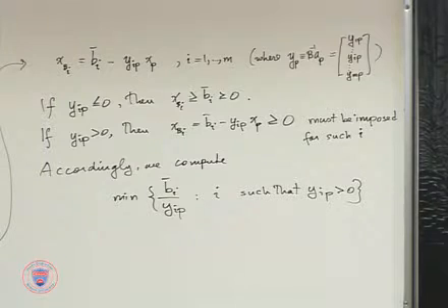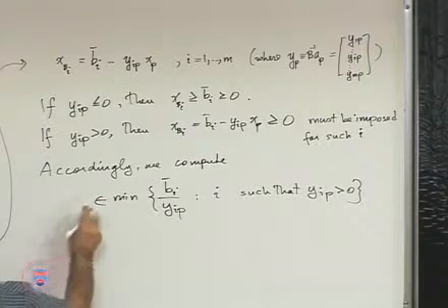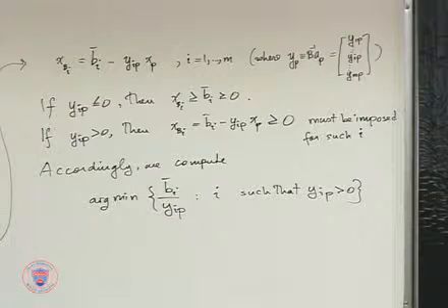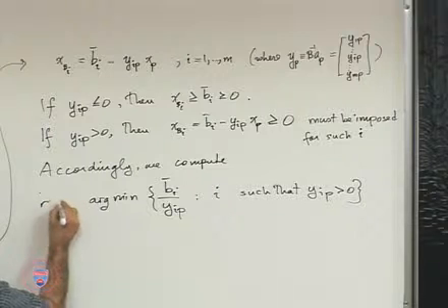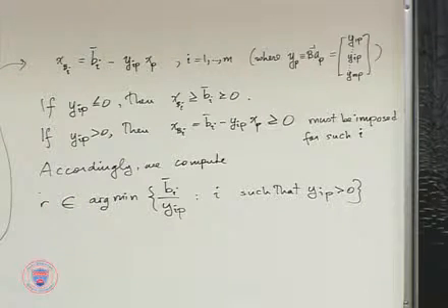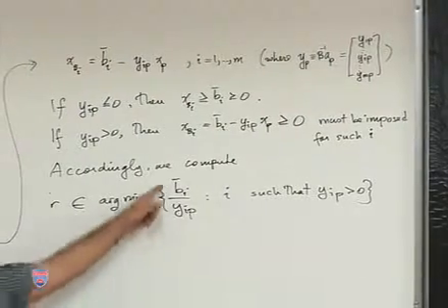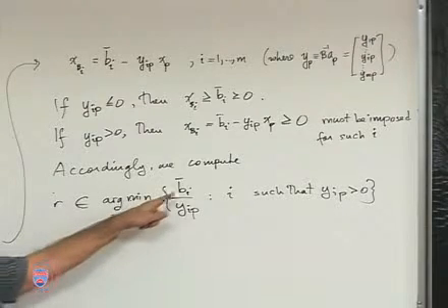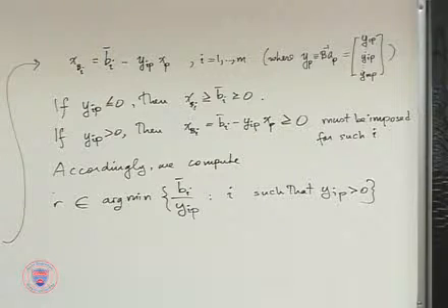All right, so this will be realized by some index. If you look at the set of indices which realize the minimum, you pick one, say index r. So r is an index for which b̄_r divided by y_rp is a minimizer here.